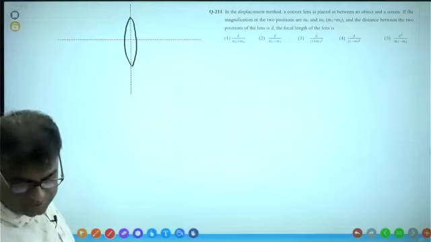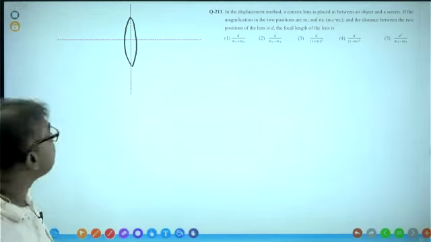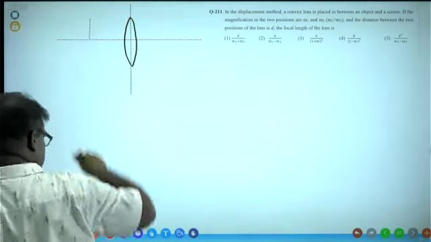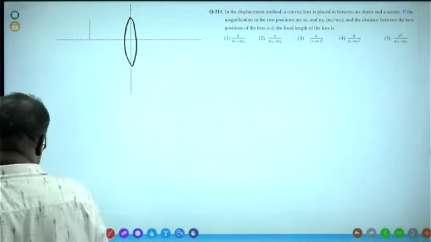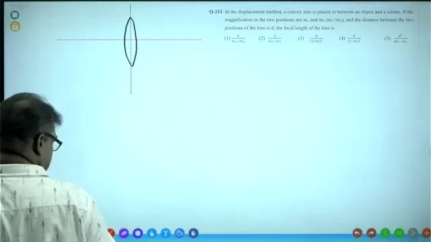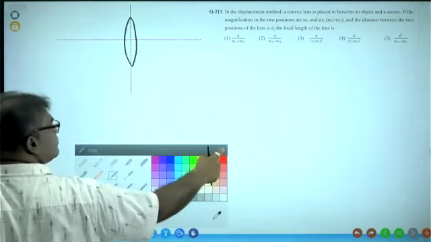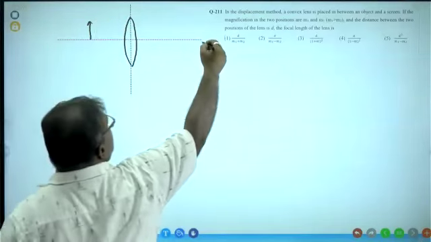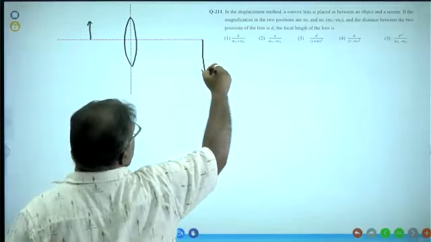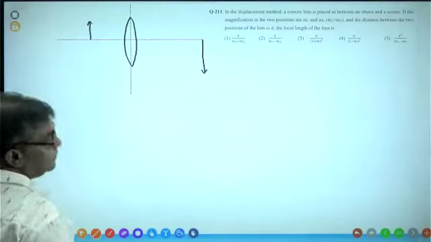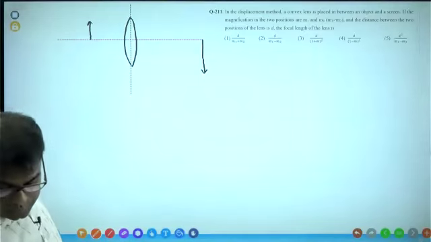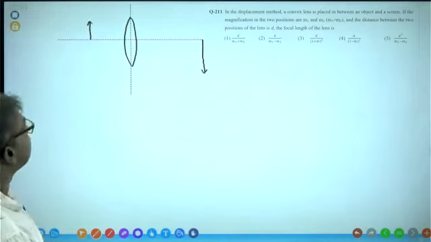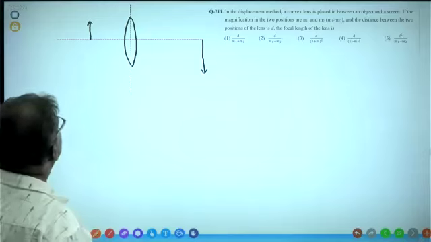If the magnification in two positions are M1, where M1 is the large one, no? If the object is right here, image distance like this, and the distance between two positions of the lens is D, right? Then this is the first location.